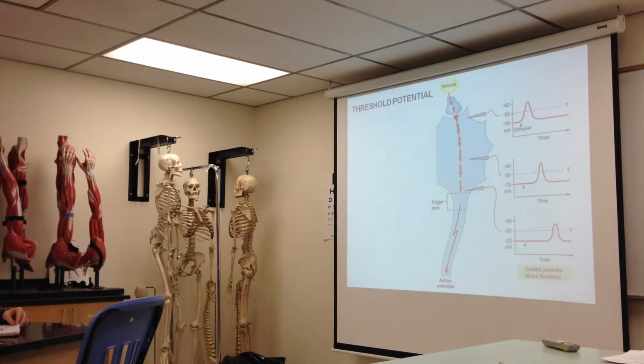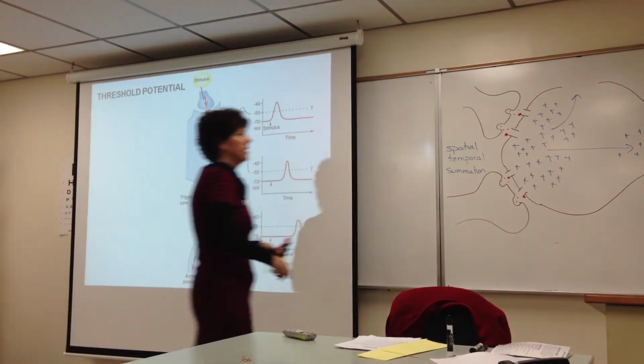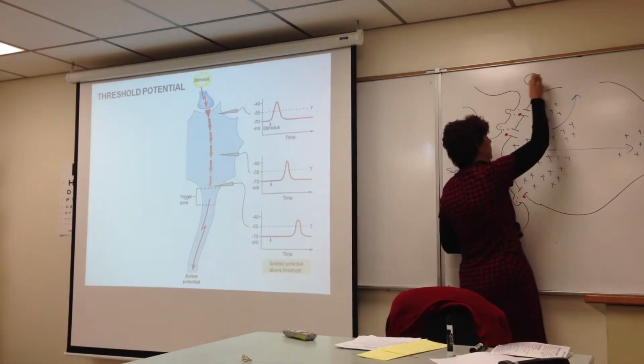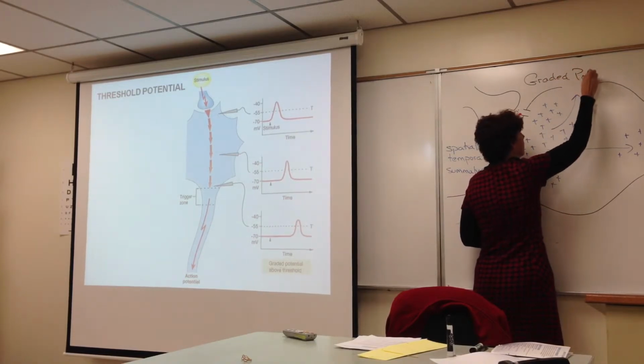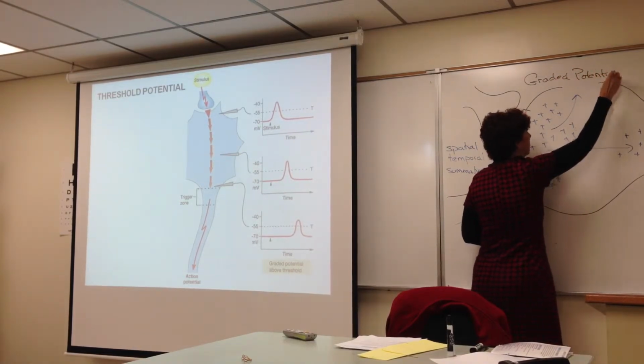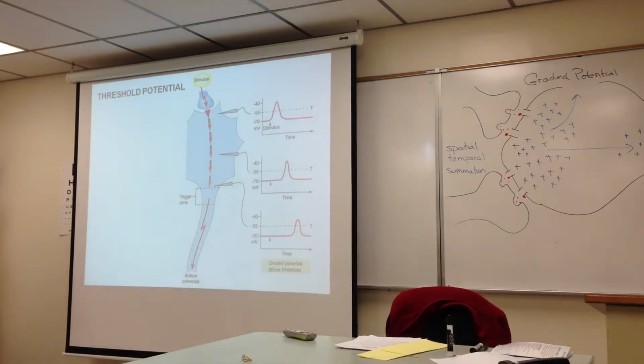All right, so the threshold potential, here's illustrating what I drew on the board. Let me write the words for those of you that are writing this down. This is a graded potential. You remember what that picture was illustrating. So on the board then, here is the synaptic glutamate, one of which I've drawn here.